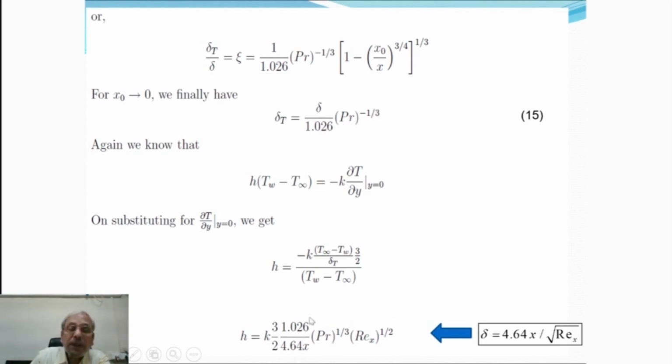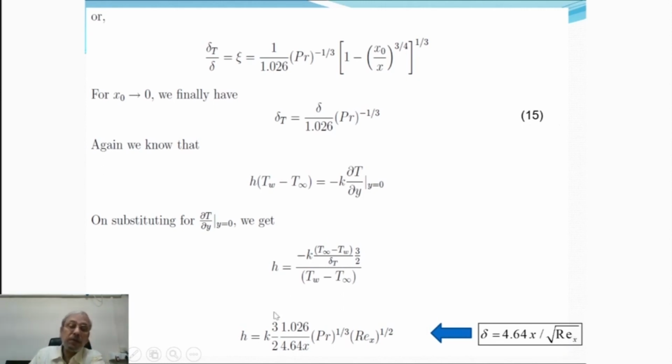So we substitute delta T as this in this expression, and in this expression also we have delta, which we substitute from the solution of the momentum integral equation.